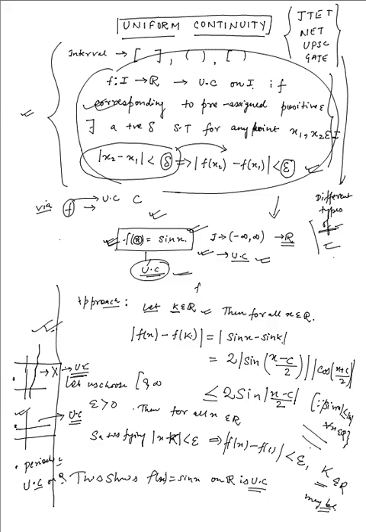So lots of tests in it, right? I believe you know the definition of uniform continuity, and you can claim for lots of functions whether they are uniformly continuous or not.